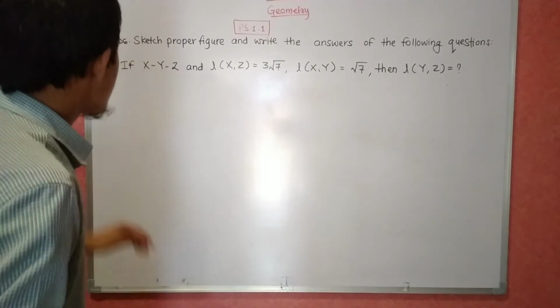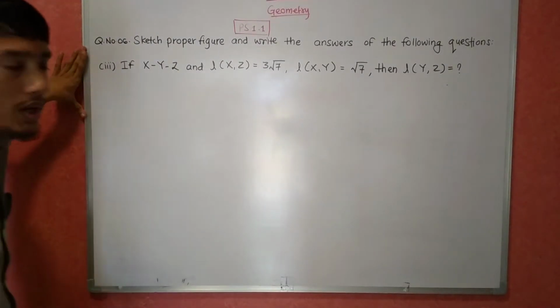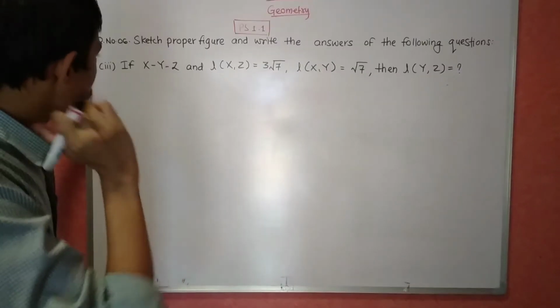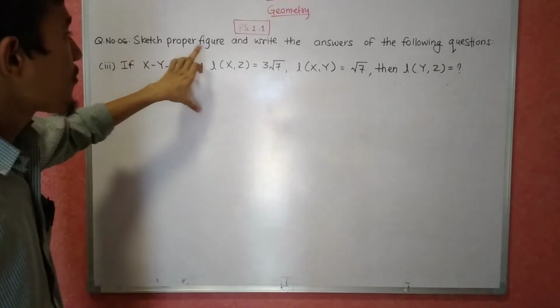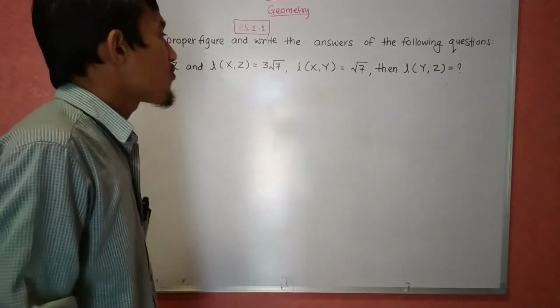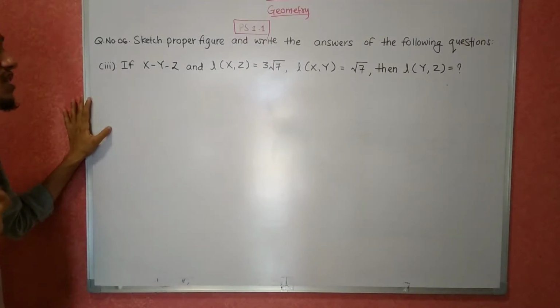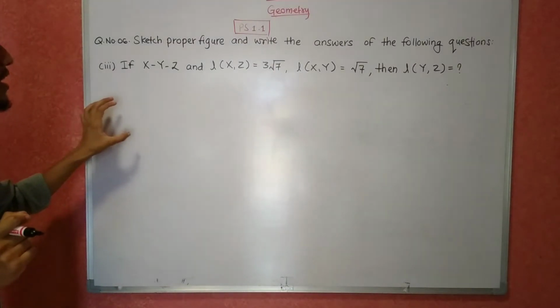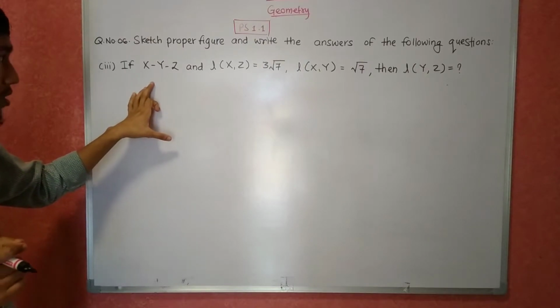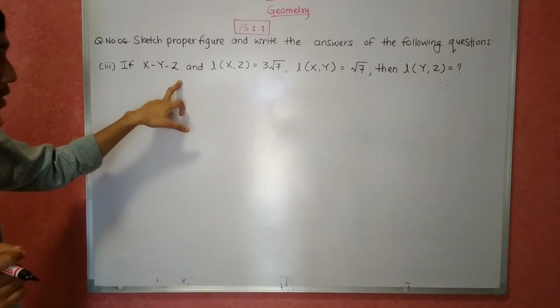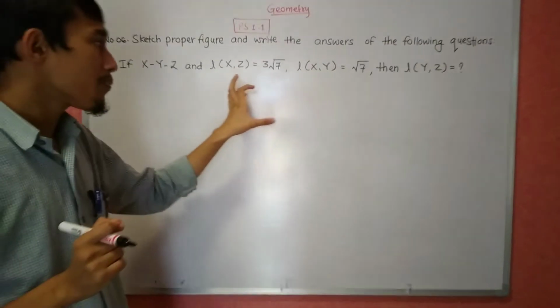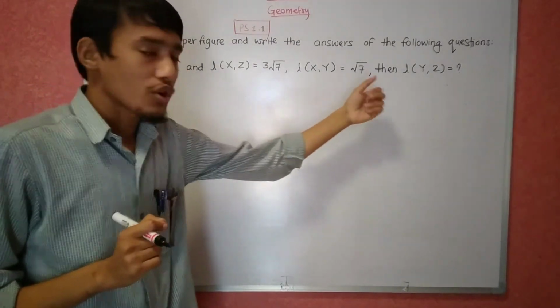We will see question number 6 of practice set 1.1. Okay, so the question is sketch proper figure and write the answers of the following questions. So we have to sketch a figure in which the collinearity of these points will be shown, that is points x, y, z, okay, and we have to solve the particular question of distance problem.